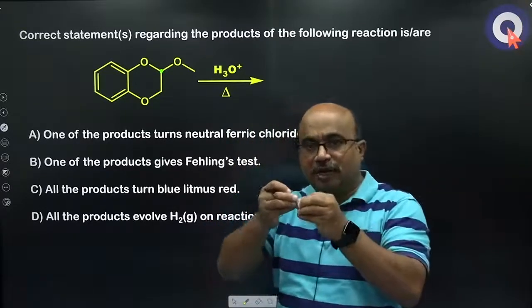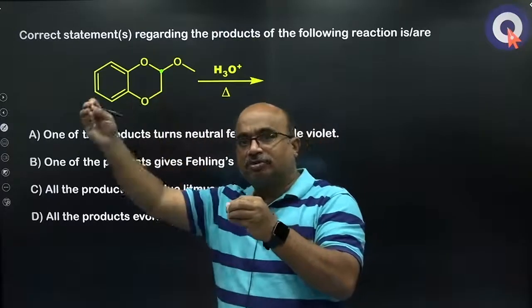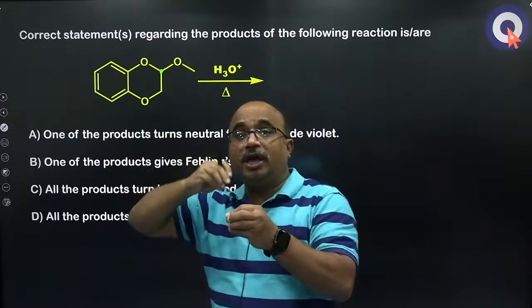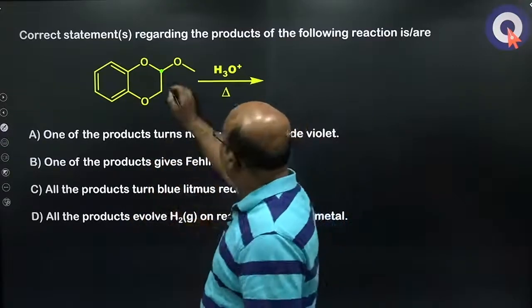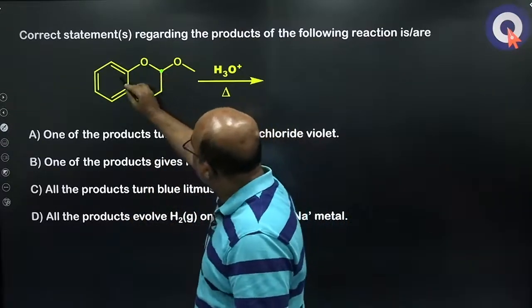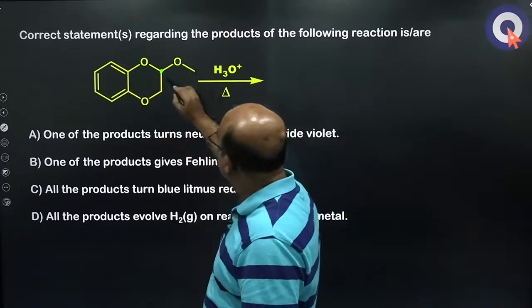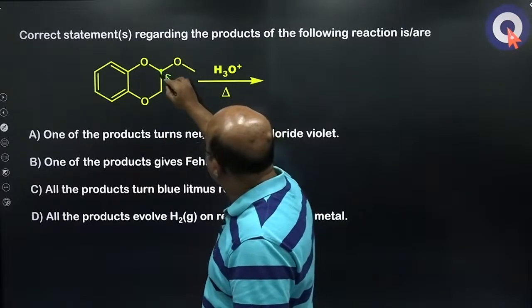At this carbon there is immediately oxygen and alkyl groups, then it may be an acetal. So this is C, O and carbon chain, O and carbon chain. Means this was actually your carbonyl carbon.